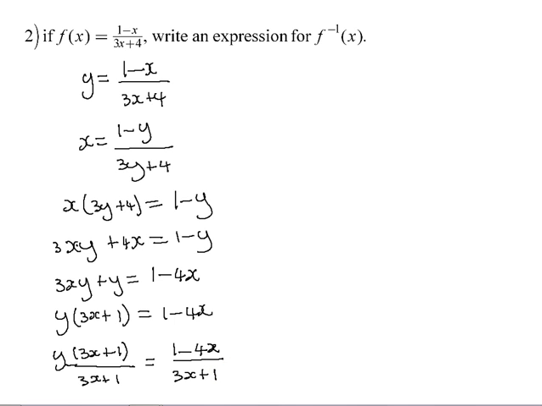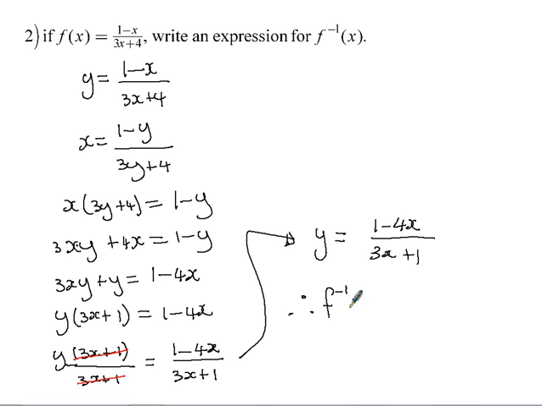And then what happens there now is that these cancel, so this is gone. So y is equal to 1 minus 4x over 3x plus 1. So remember, y is now the inverse, so f inverse of x is equal to 1 minus 4x over 3x plus 1.